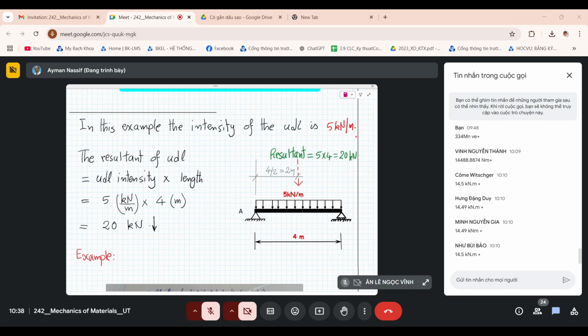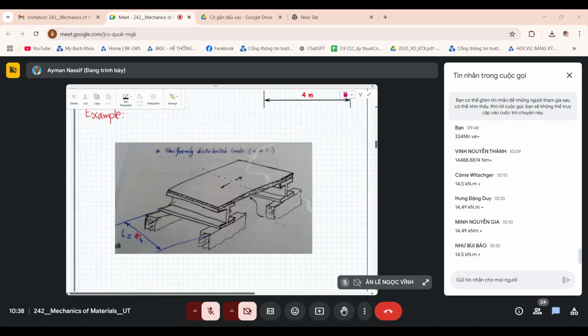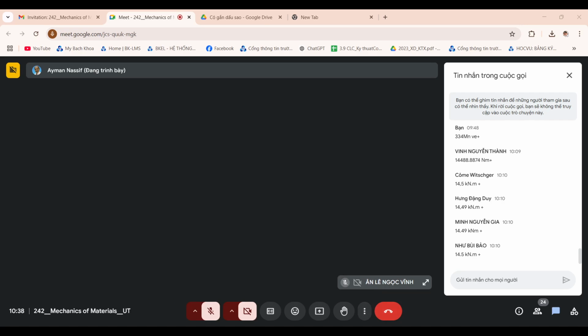But you have to remember this is how it is. It is a constant intensity, uniformly distributed load, uniform pressure on the element. And this is a sketch I did in front of the students a long time ago to just explain the idea a little bit more.